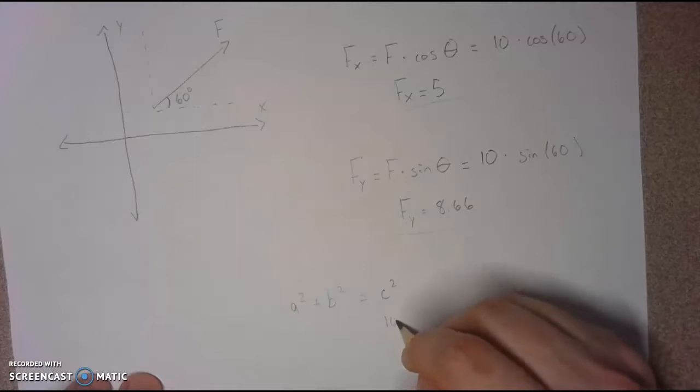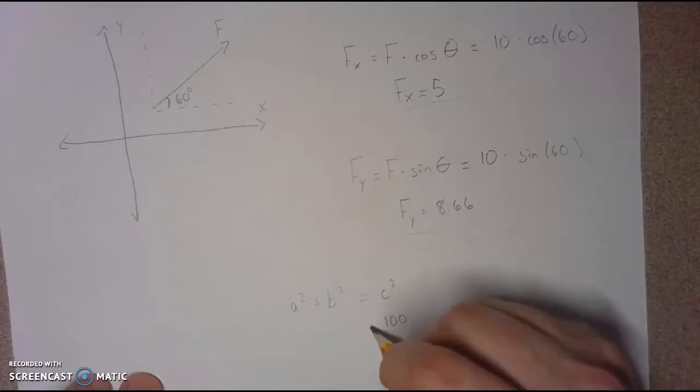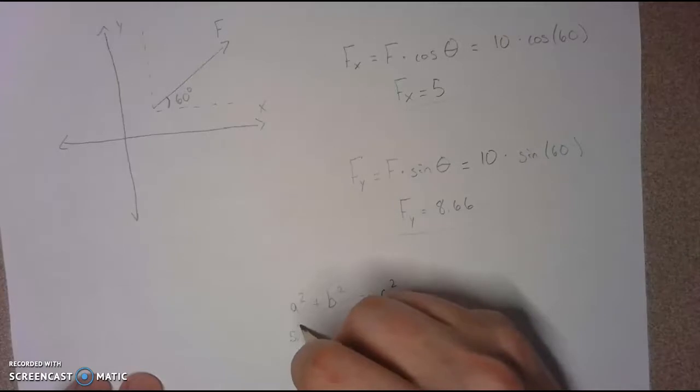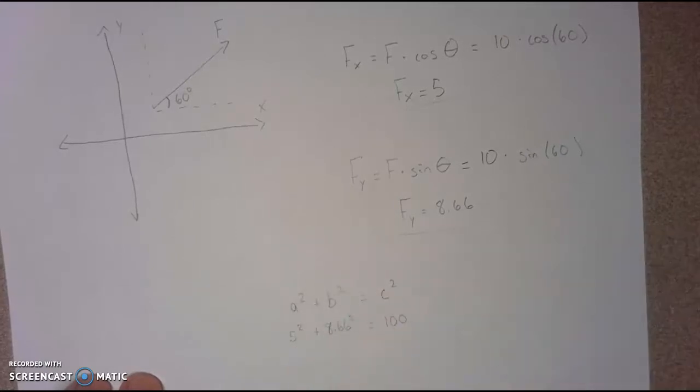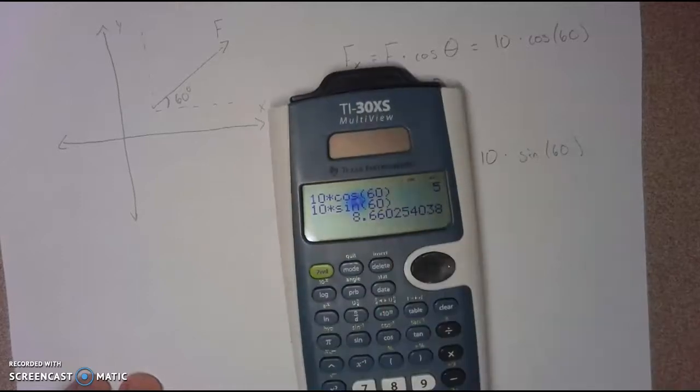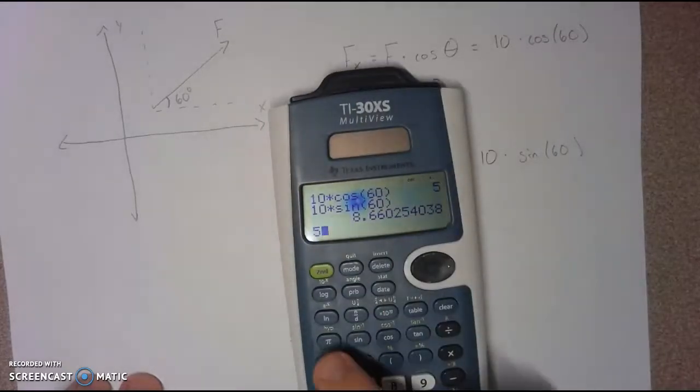10 squared is 100. So we need to know if 5 squared plus 8.66 squared is equal to 100. So let's look. 5 squared plus 8.66 squared.